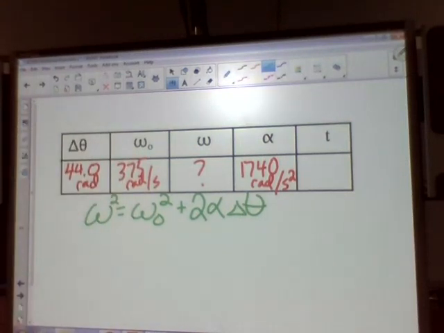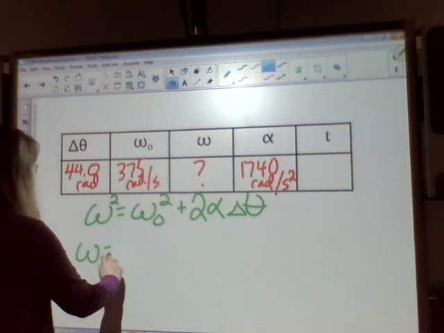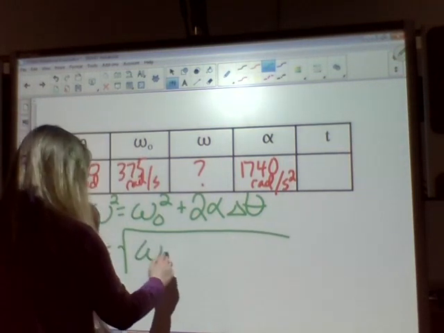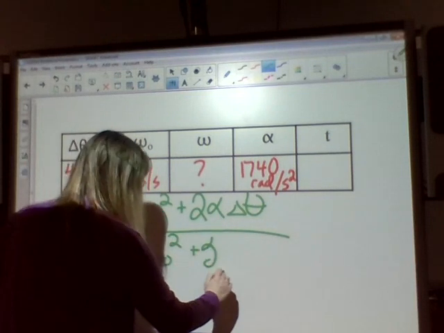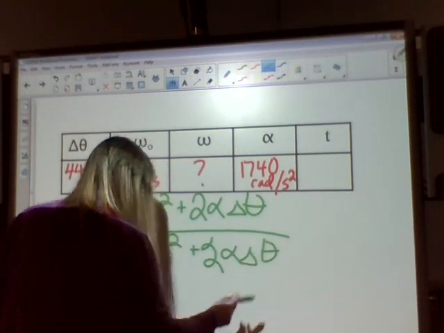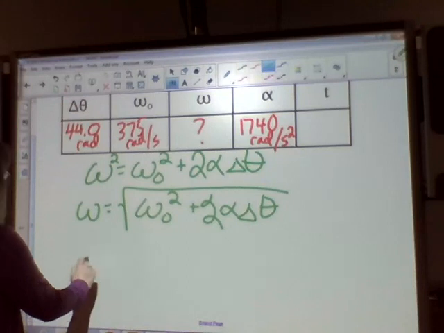And in this case, in order to solve with symbols for omega, all I have to do is take the square root of both sides. And I can plug in all my numbers.